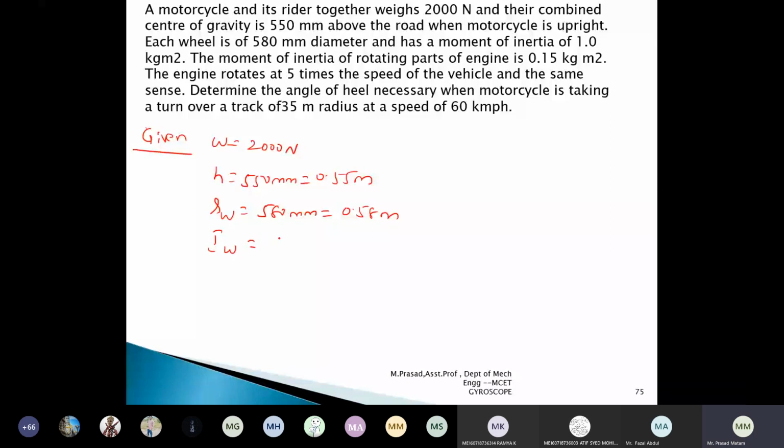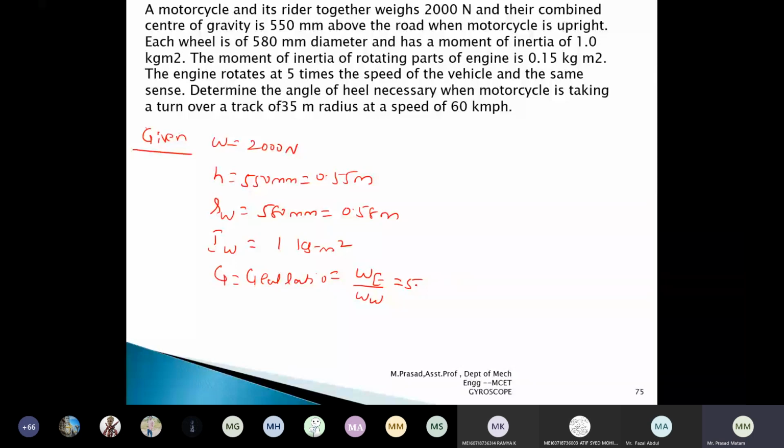How much is it? 1 kg meter square. The engine rotates at 5 times the speed of the vehicle in the same sense. So I give G, the gear ratio. What is the formula for the gear ratio? Angular velocity of engine to angular velocity of the wheels, which is equal to 5. Same sense means moving in the same direction.